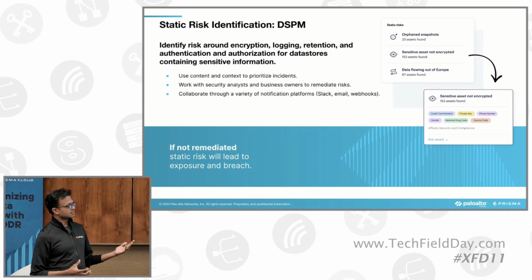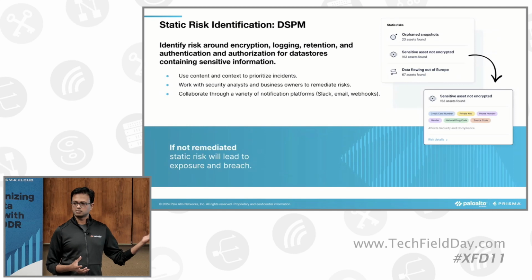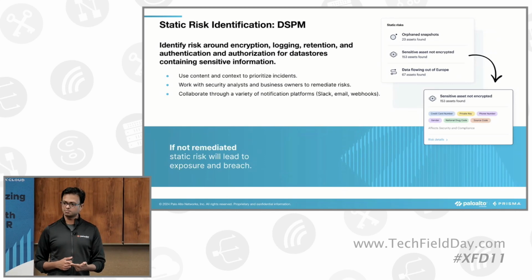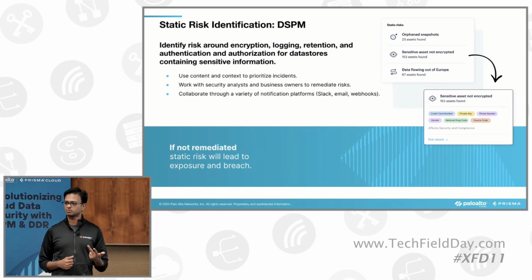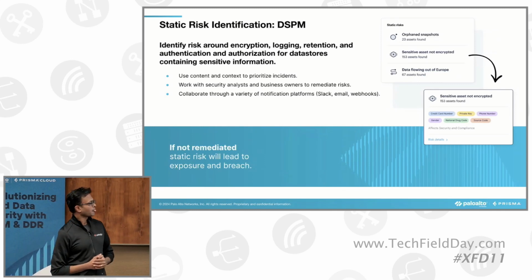And prioritize it. If sensitive assets are unencrypted, that's a high priority for somebody to look at and figure out why it's not encrypted. If it is unencrypted and publicly exposed, that's a P1 or P0 risk at the end of the day for somebody to take a look at.